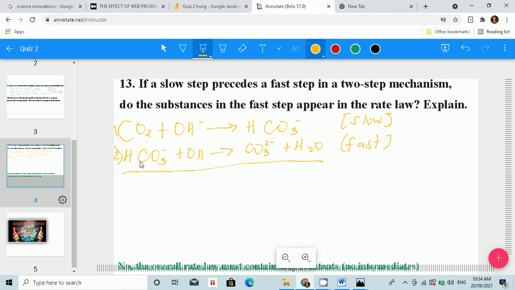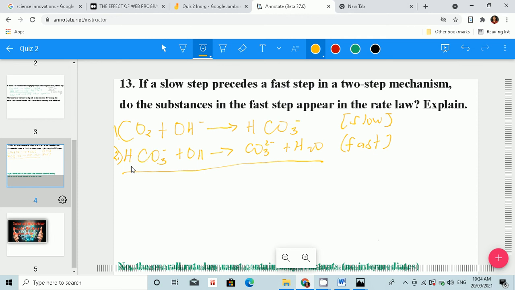Since we have bicarbonate as the product in the first reaction, and in the second reaction, because it's fast, we use the product of the slower reaction, the bicarbonate, as our reactant.